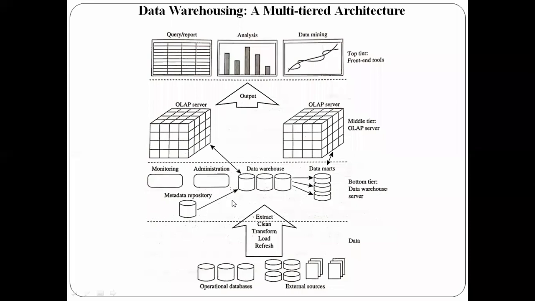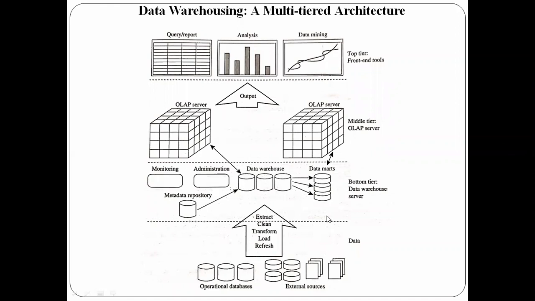In the data warehouse architecture, see here, in the bottom tier, I told that we have the backend tools and utilities. These backend tools and utilities extract the data from the operational databases and the external sources. Apart from extraction, they also perform additional functions: cleaning, transformation, load, and refresh.